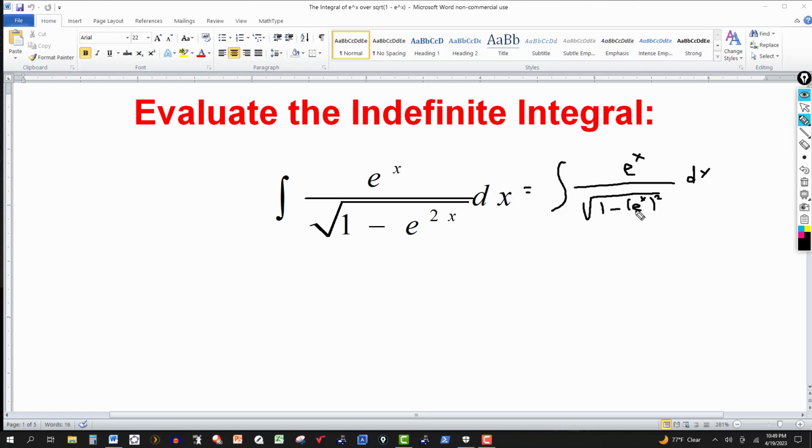And I do that because I know the derivative of e to the x is e to the x, and I have an e to the x in the numerator. So I'm going to do this.